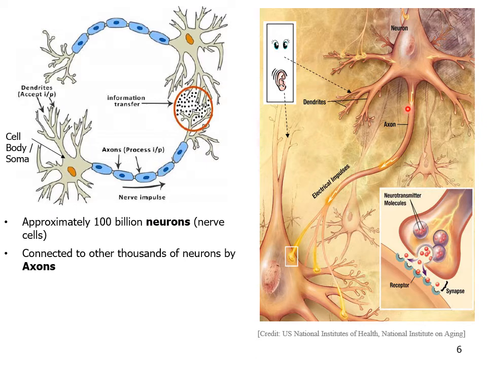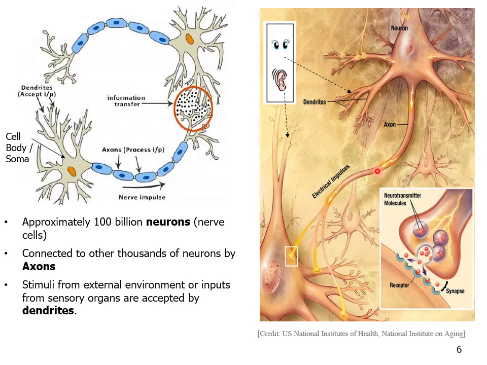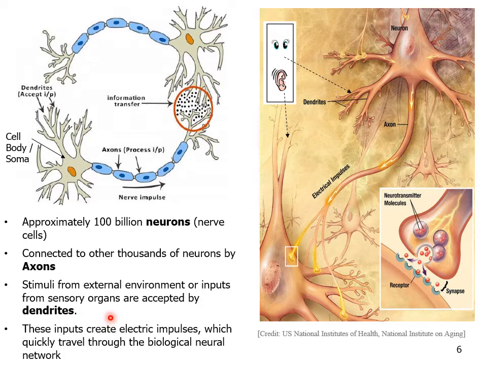The stimuli from the external environment or inputs from sensory organs are accepted by the receptors, or precisely by dendrites. These inputs create electric impulses, as I mentioned earlier, which quickly travel through the neural network.